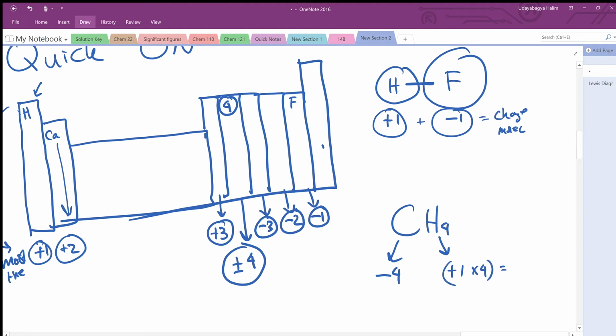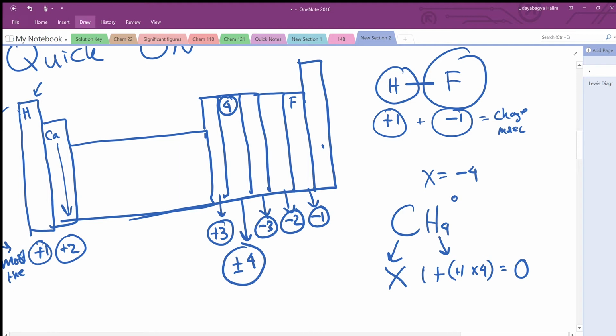If you're trying to solve for the oxidation number of carbon here, which is X, it's just X plus 1 times 4 equals 0 because the sum charge of CH4 is 0. So X is going to be -4. So that's more or less how to solve for the oxidation number.